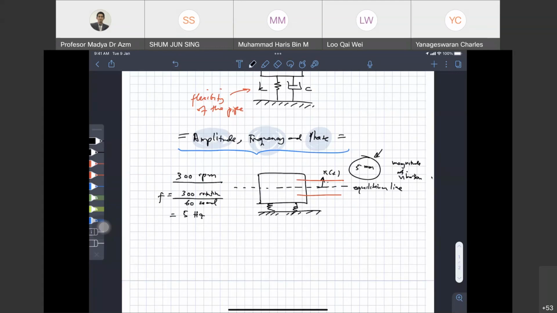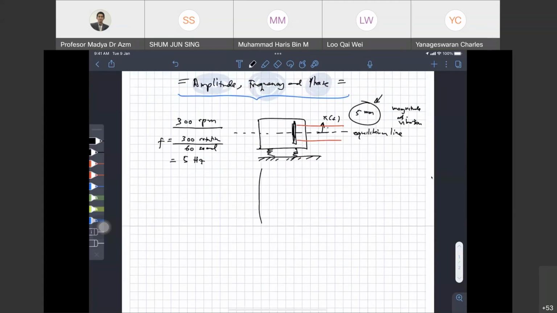Okay, so if the machine is rotating at 300 RPM, and this machine has some imbalance, it will force the machine to vibrate vertically, assuming the horizontal is very stiff. Then you will observe a 5 hertz frequency. Okay, so if we put it in a graph, the graph will be something like a sinusoidal, right?